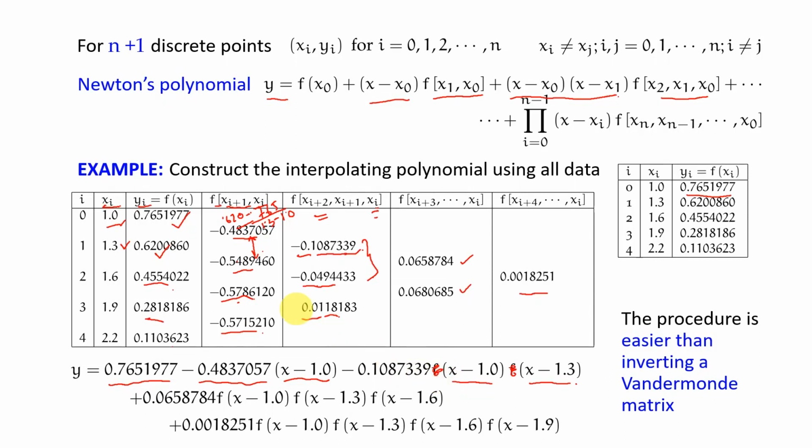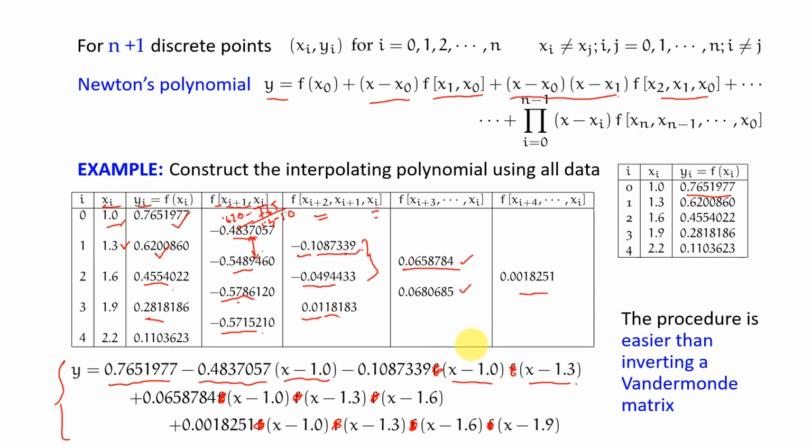Then I go to the next step, 0.065874 multiplied by (x minus 1), (x minus 1.3), (x minus 1.6), and finally 0.0018 multiplied by (x minus 1), (x minus 1.3), (x minus 1.6), (x minus 1.9). So now I have the complete polynomial, and this is the answer.